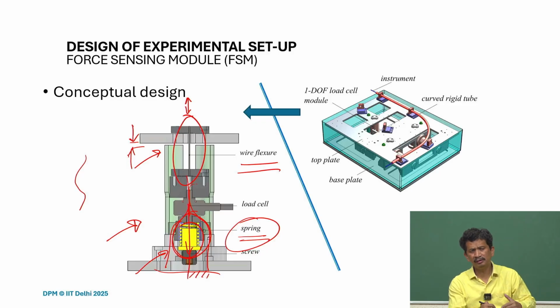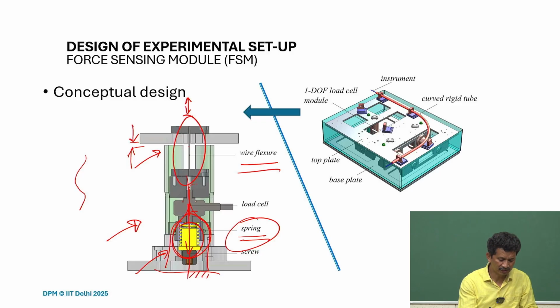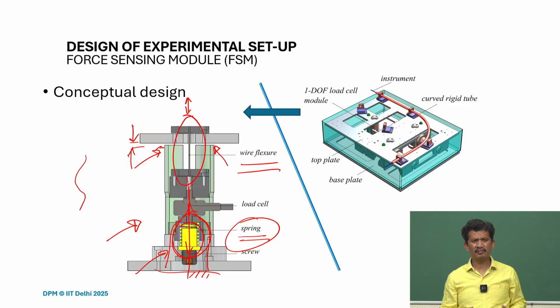It will not buckle, it will not destroy the flexure, but it will simply get deflected and sit here. These are some of the features which can be easily embedded if we work on this kind of setup, and if we visualize how this can happen and how to protect our system, our setup.